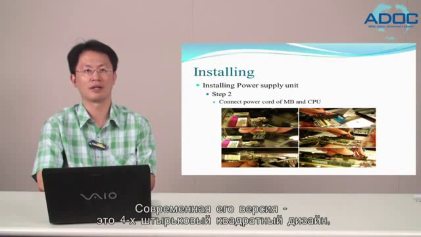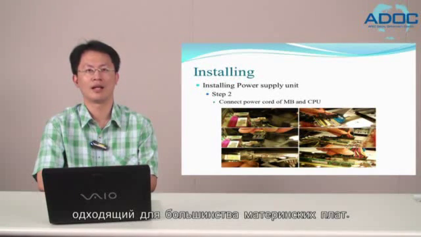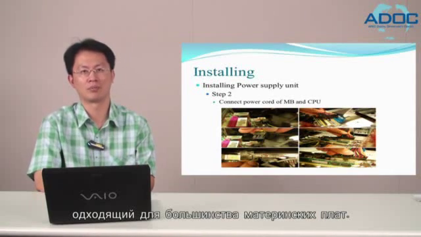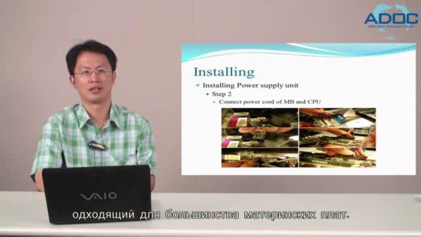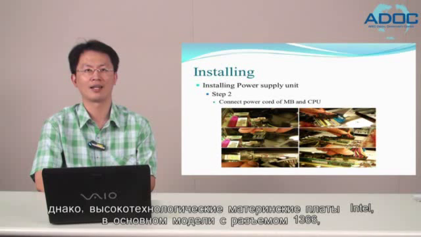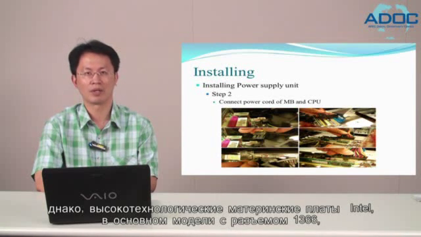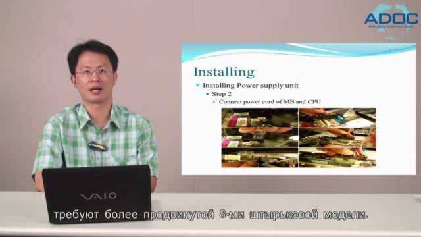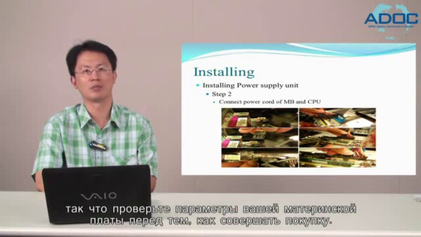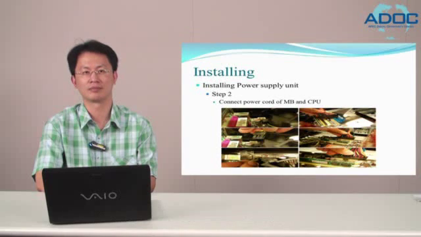The original and current version is a square 4-pin design that is suitable for most motherboards. However, high-end Intel motherboards, mostly socket 1366 models, require an upgraded 8-pin version. So check your motherboard before buying.